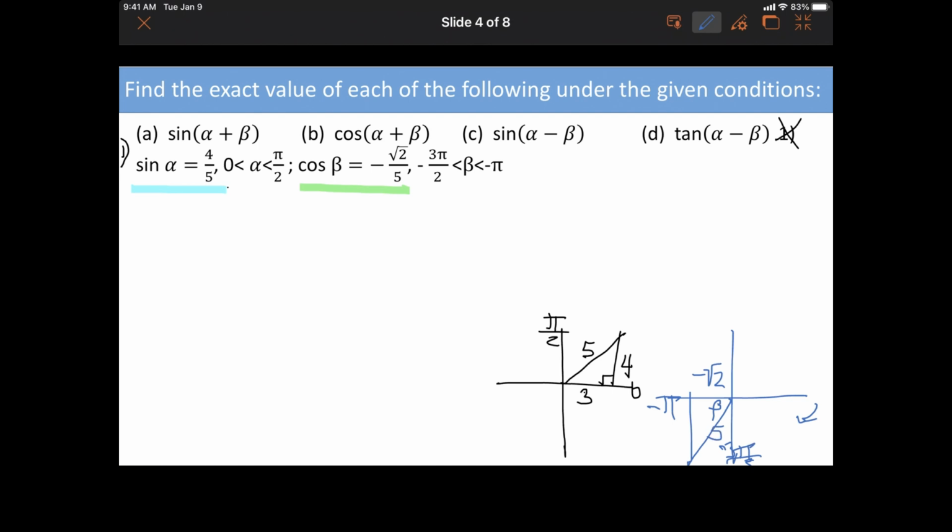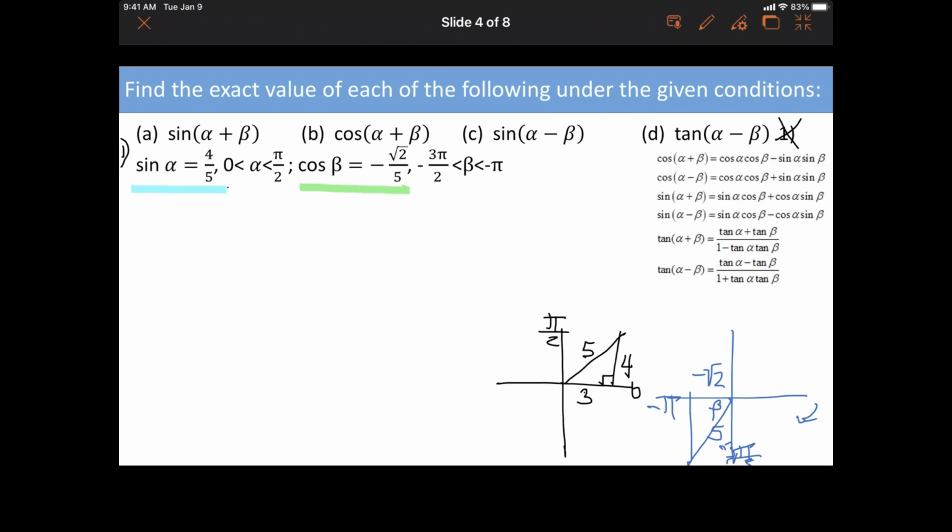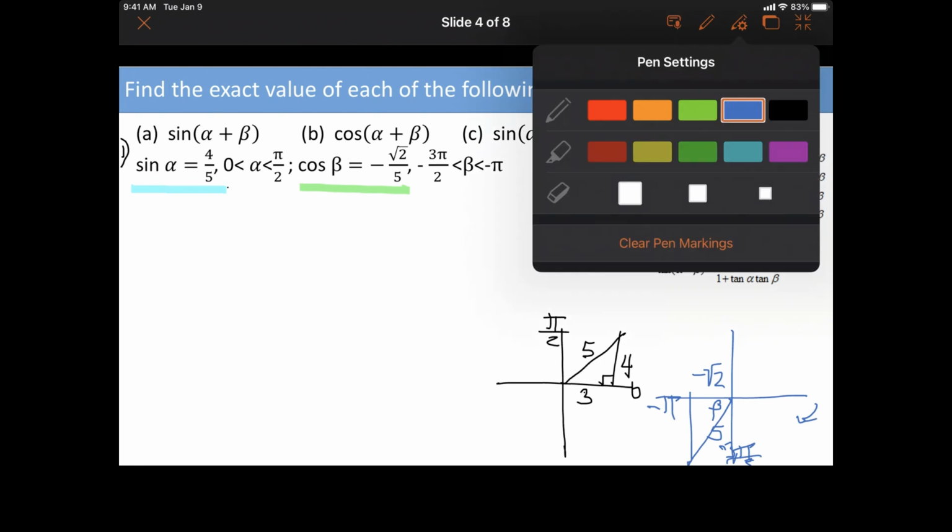We need to find the opposite. The reason why we're filling it out is, when we're looking at our formulas, we're going to need the sines and cosines of each of the different angles. So we need both legs for that.